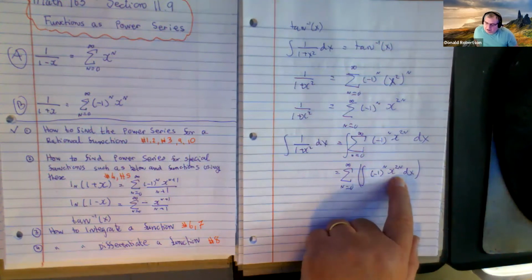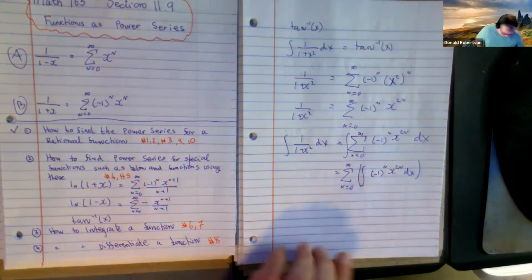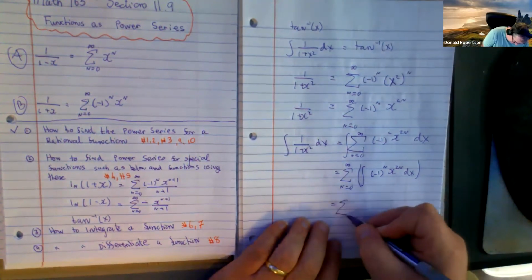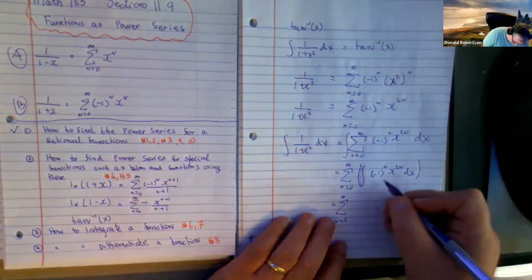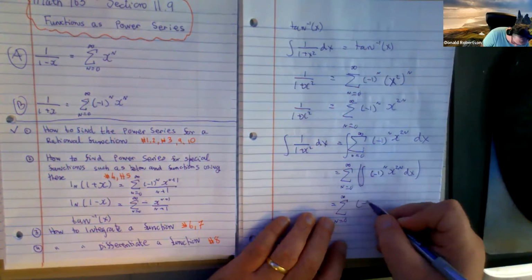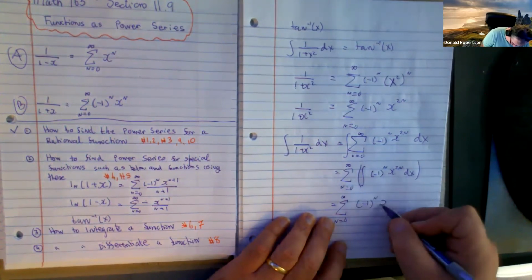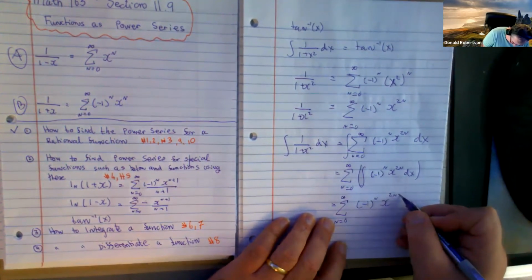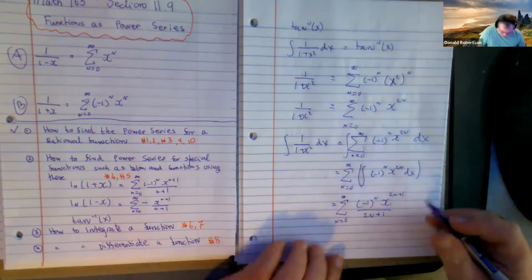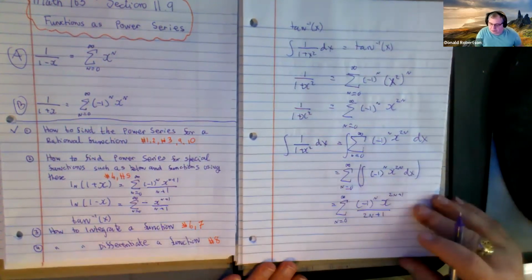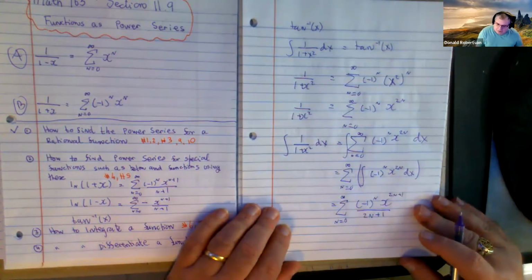And if you want to integrate this guy, it's a power rule. So everything else basically stays the way it was. That guy stays the same. Add 1 to the power and divide by the new power. Technically plus c, but the c's end up being 0 again, so I don't worry about them.